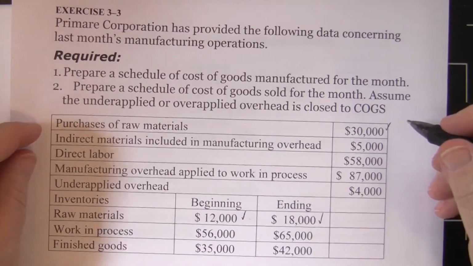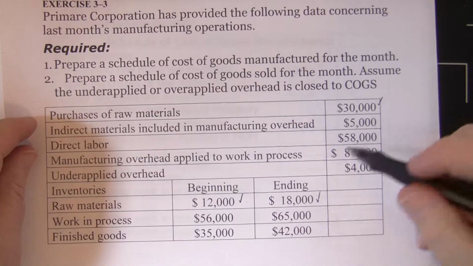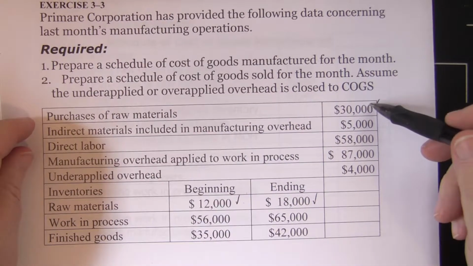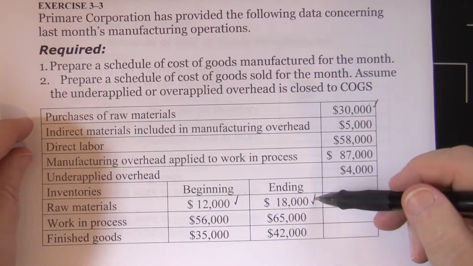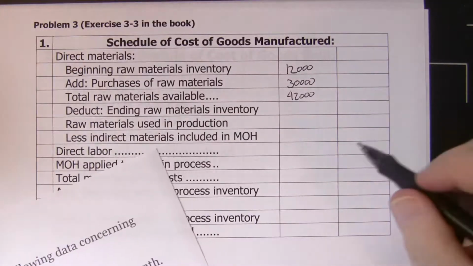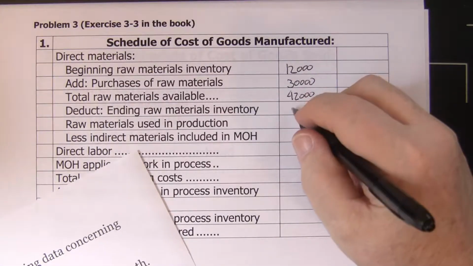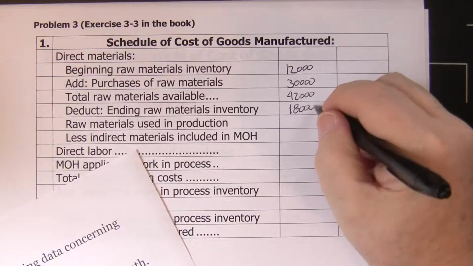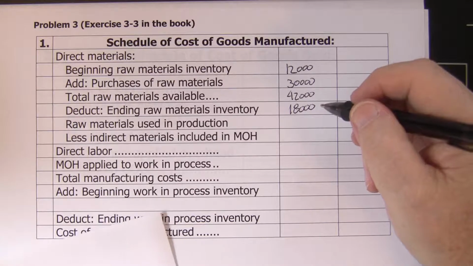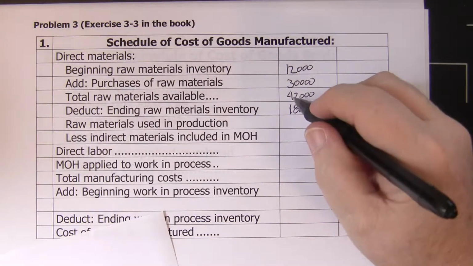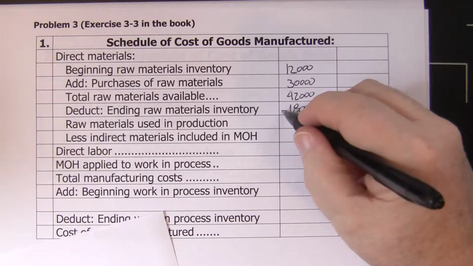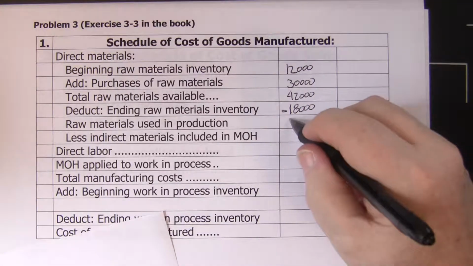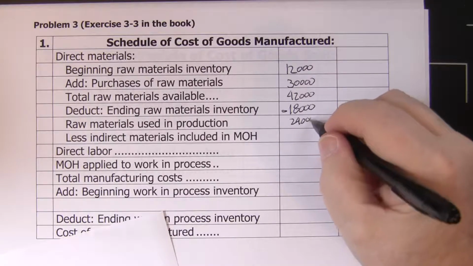Beginning inventory plus purchases minus ending inventory. Beginning inventory, raw material, plus purchases, raw material, minus ending inventory, raw material. So we need to reduce that by $18,000. That's what we have left. So our raw materials used in production is 18 from the 42, and that leaves us 24,000.